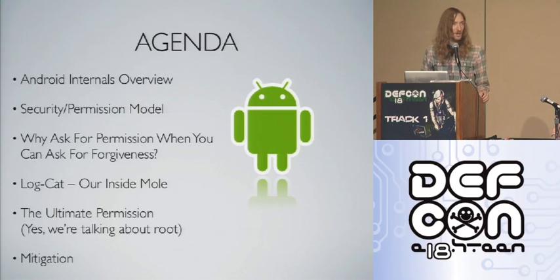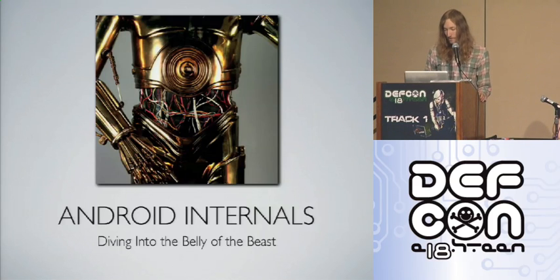At that point, then we'll talk about some of the fun things that we can do with permissions and without permissions, and then talk about how we can use the system logging to leverage a lot of stuff as well. And then we're going to talk a little bit about rooting Android phones and some of the fun things with that. And then, of course, mitigation and what we can do to kind of approach these problems.